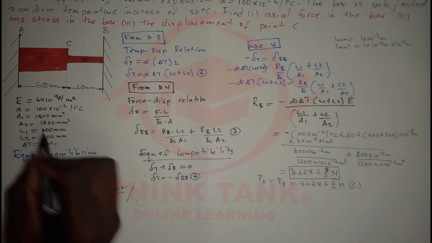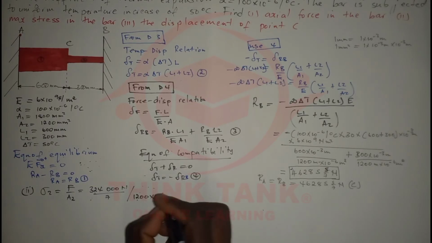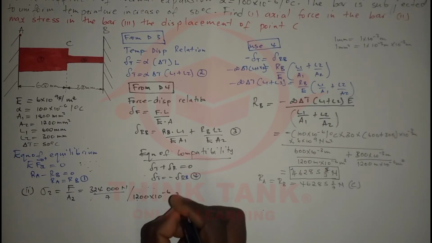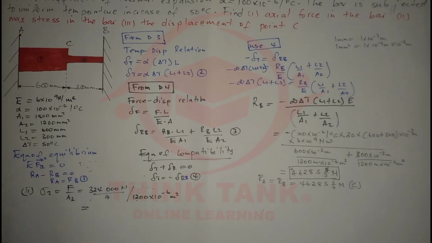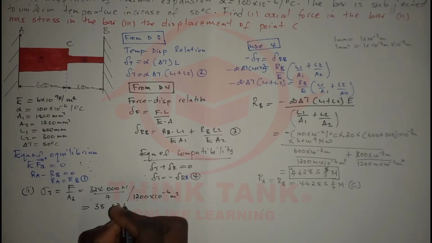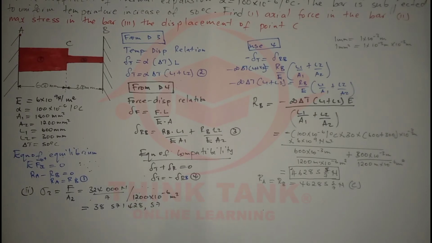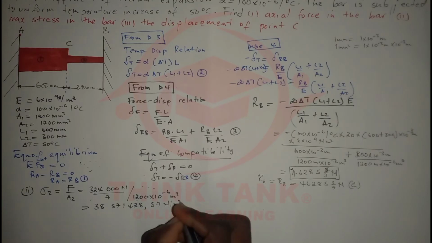So it's going to be 1,200 times 10 to the power negative 6 meters squared. And if you do that, you get 38,571,428.57 newton per meter squared.